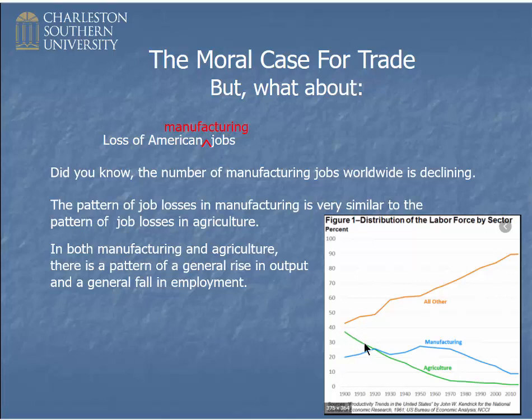So here's what's happening to the number of jobs in agriculture. It's fallen almost to zero. Manufacturing started to fall in about 1950, and it's been slowly trending down since then, and these are all other jobs. It doesn't mean that the manufacturing jobs or the agriculture jobs were lost to trade. They were really lost to technological innovation.